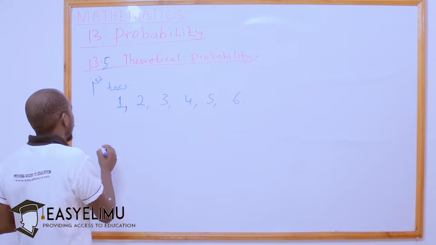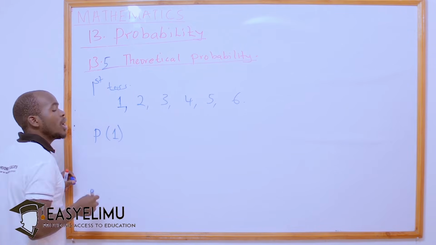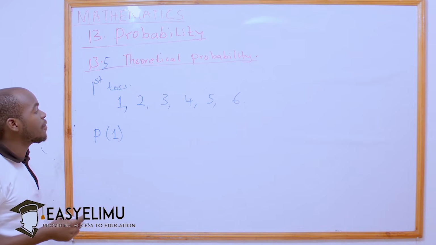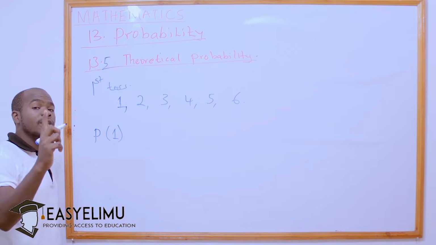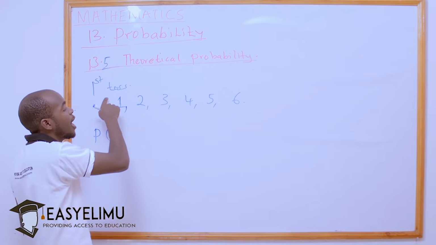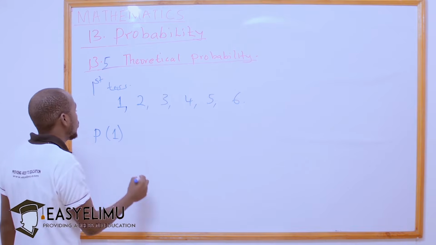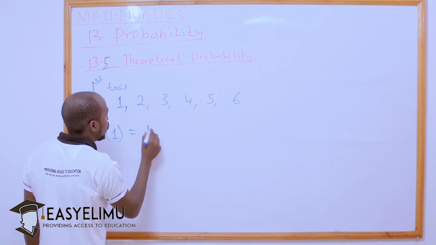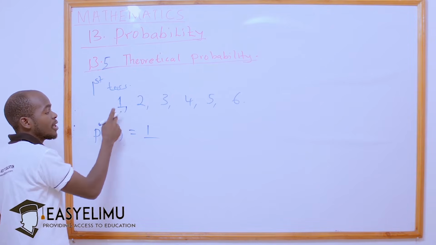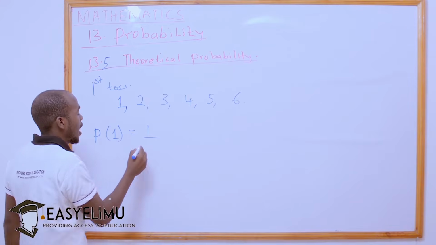But let's find the probability that face number 1 will show up. In tossing once, you will have only one face showing up within the possible outcomes, which is 1, over the total outcomes which we expect to occur, and that is 6.